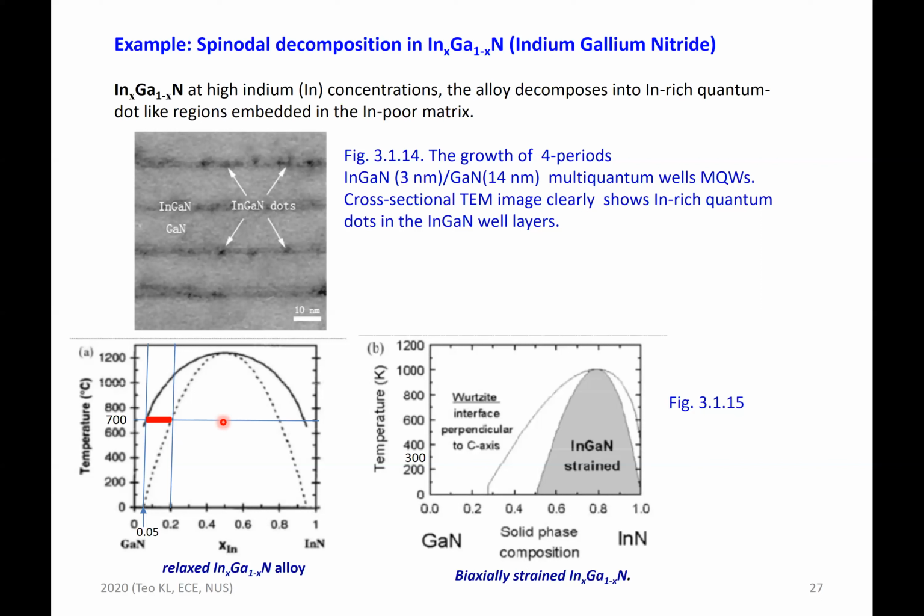Now, for this graph, the indium gallium nitride is grown on gallium nitride and is strained. So basically, at the interface, the interface can accommodate the strain when you grow indium gallium nitride on gallium nitride, of course, up to a certain critical layer thickness.